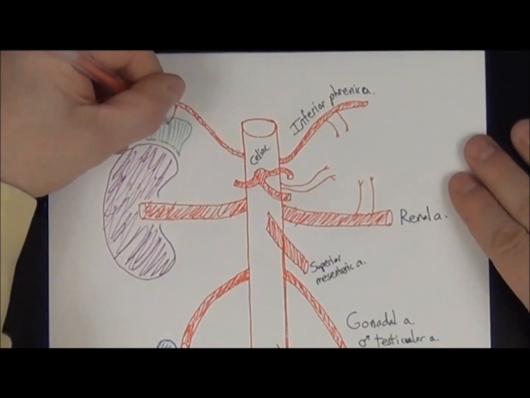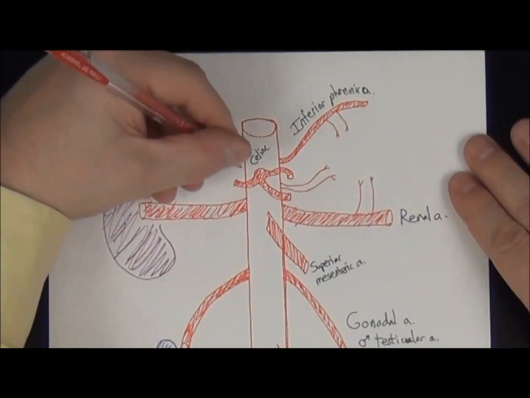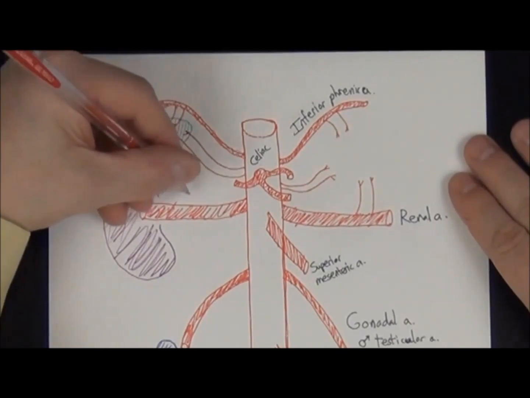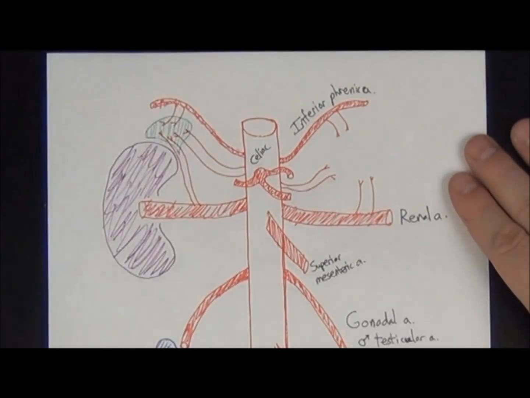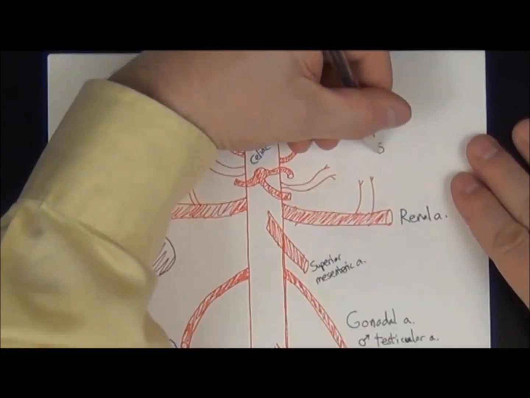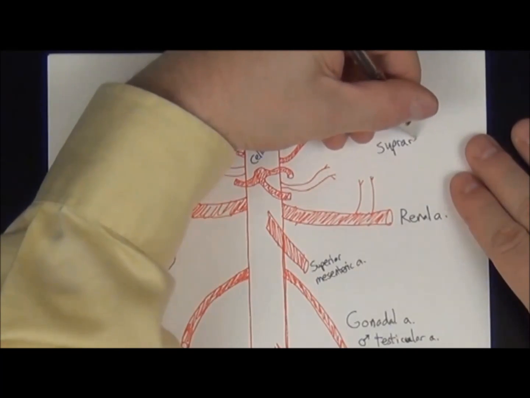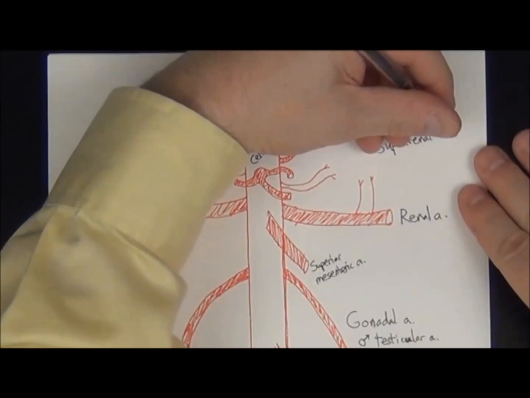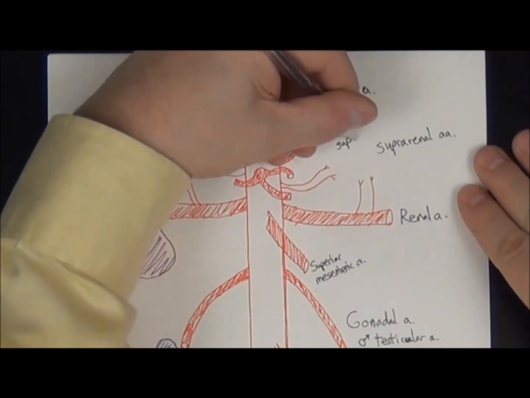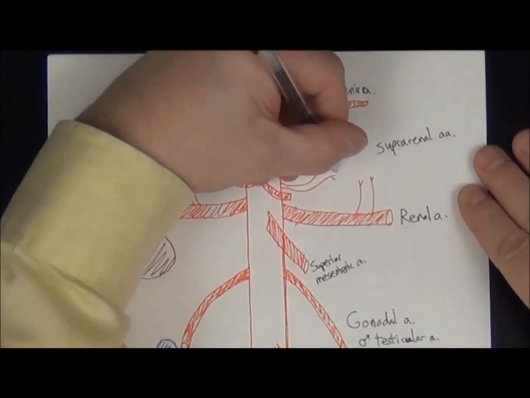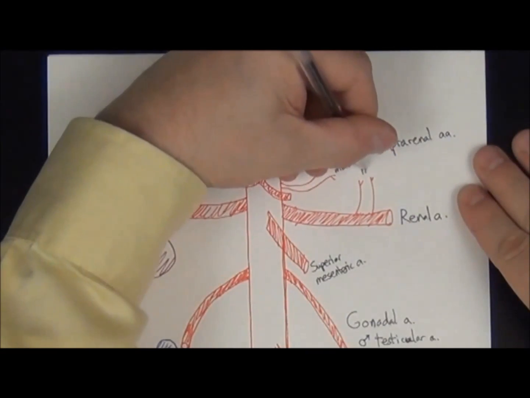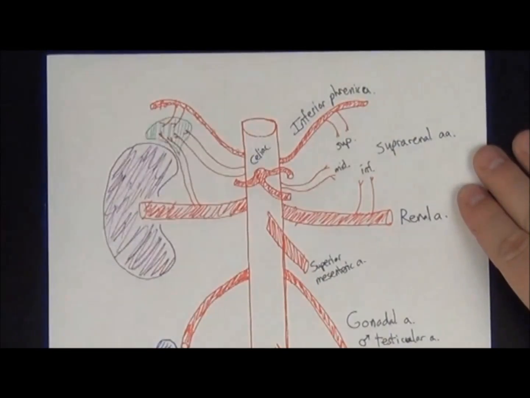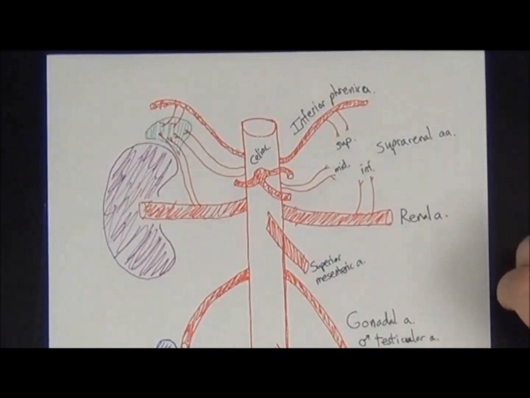So here we've got branches from all of these guys making their way to the suprarenal or adrenal gland, and quite sensibly they're named suprarenal arteries. And there's superior suprarenals off the inferior phrenic, there's middle suprarenals off the aorta itself, and there's inferior suprarenal arteries off the renal artery right there. Now that pretty much covers it.